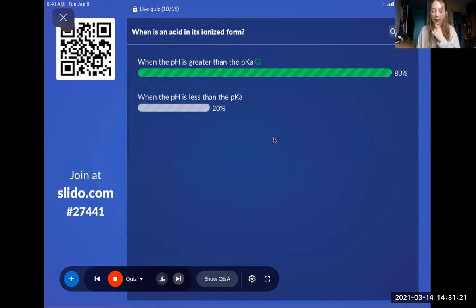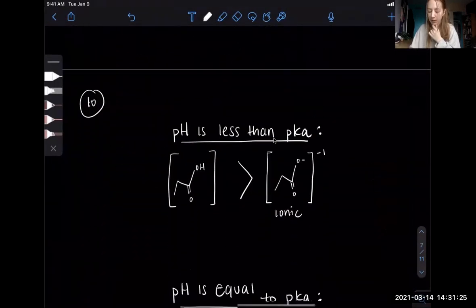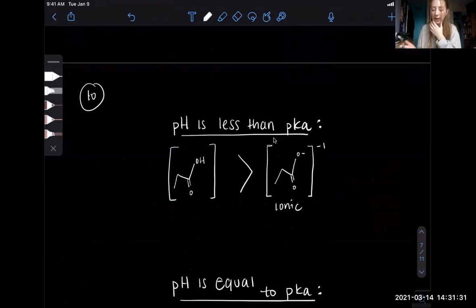Good. I'm going to show you what that looks like. When the pH is less than the pKa, the predominant form is the non-ionized form, the protonated form. Most of it will still be protonated before the pKa.